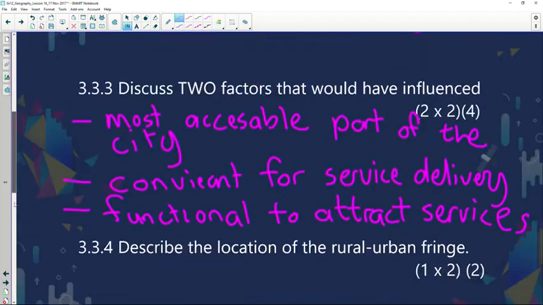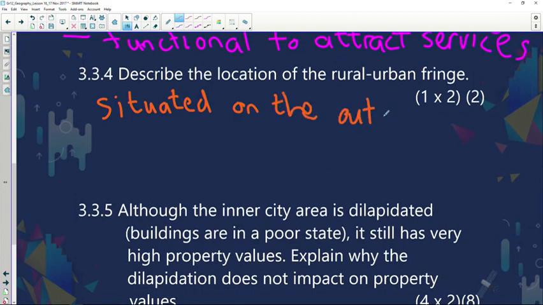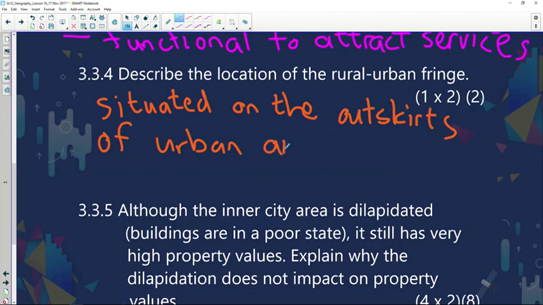So we can just write over there, on the outskirts of urban areas, or city areas. Now let's continue looking at 3.3.5.